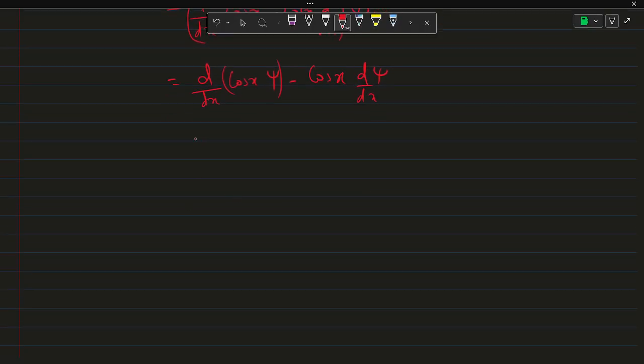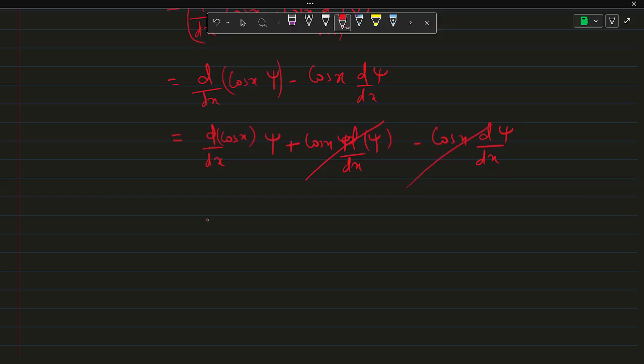So this gives a bracket: d upon dx of cos x psi plus cos x d upon dx psi, minus cos x d upon dx psi. So this will go to 0.